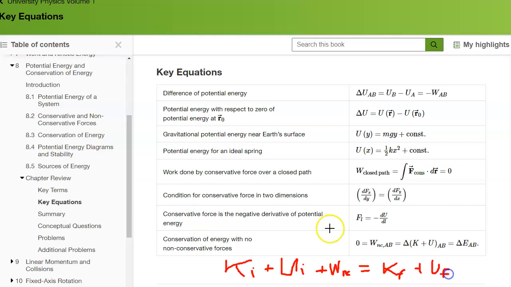As I've written it, your initial kinetic energy plus your initial potential energy plus work done by non-conservative forces in going from your initial state to your final state equals your final kinetic energy plus your final potential energy.